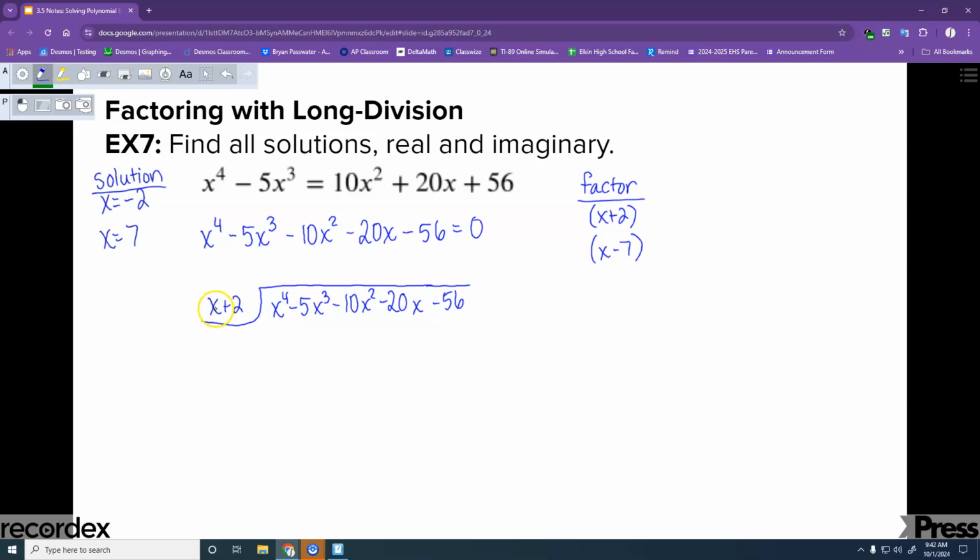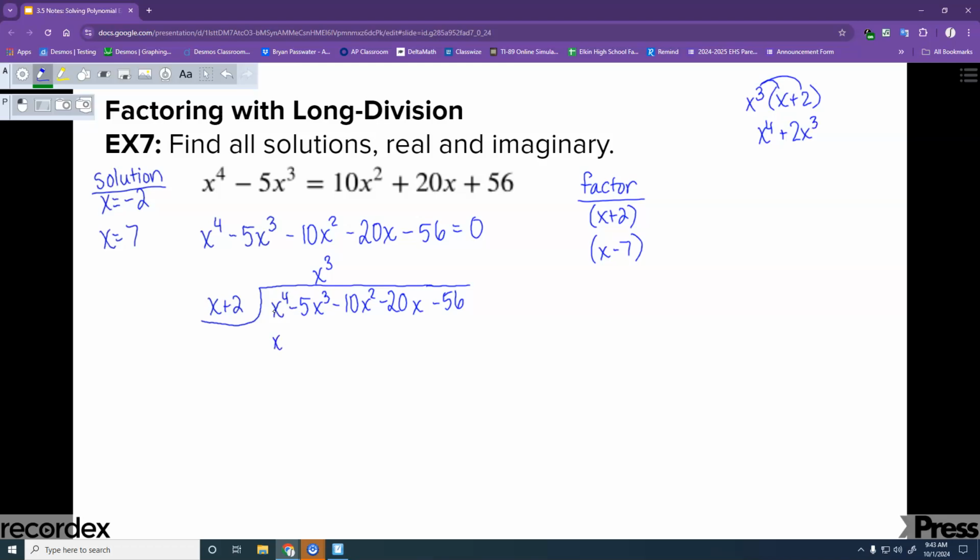What times x will give you x to the fourth? X to the third. Okay? So I'm having to do over to the side, x to the third times x plus 2. If I distribute that, I will get x to the fourth plus 2x to the third.